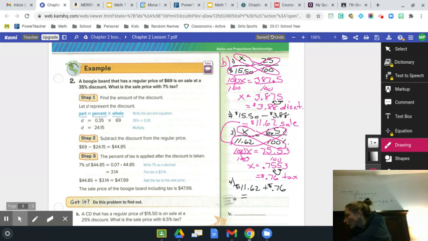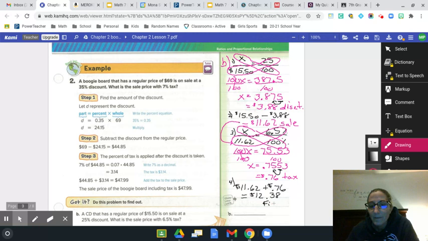Your final cost when you go to pay at the register, added together, is going to give you $12.38. Final cost.